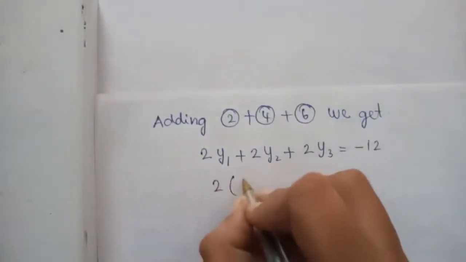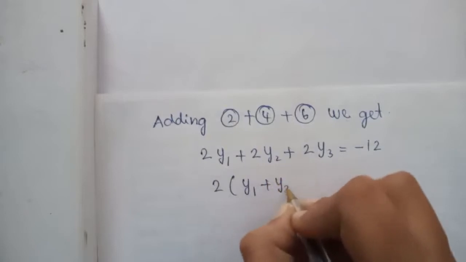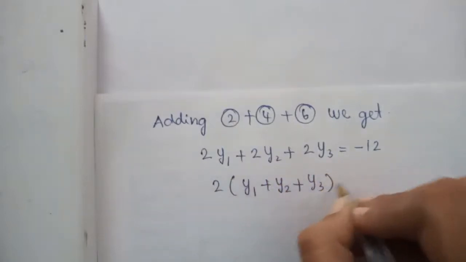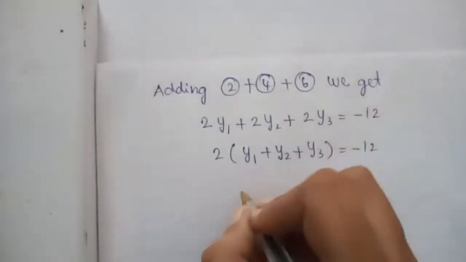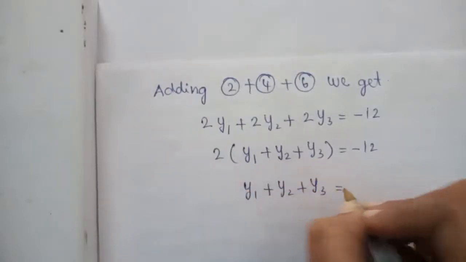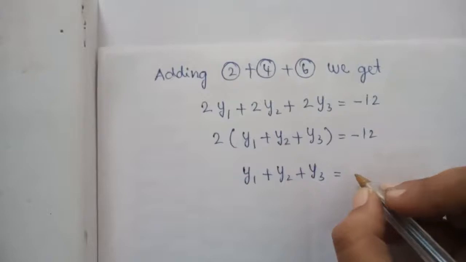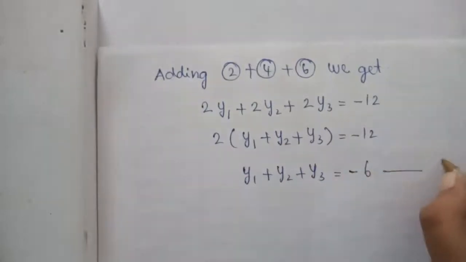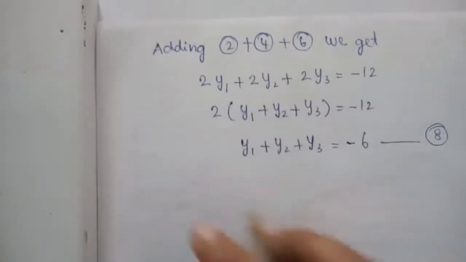Therefore, we are taking 2 common out. y1 plus y2 plus y3 is equal to minus 12 by 2 is minus 6. So this is equation number 8.